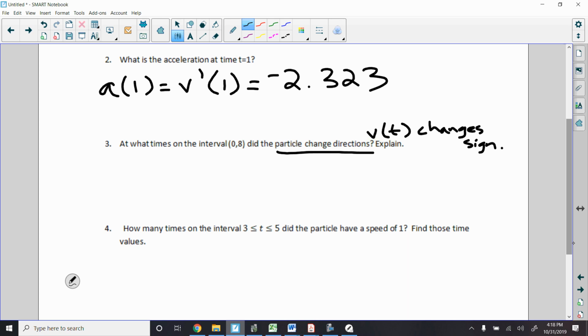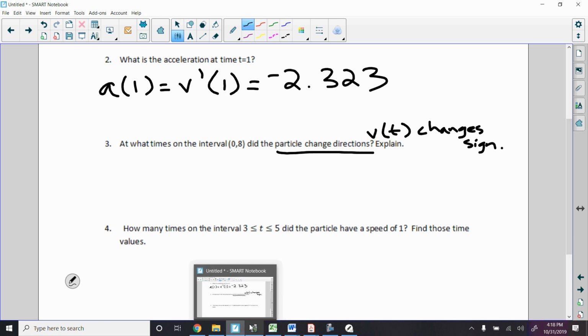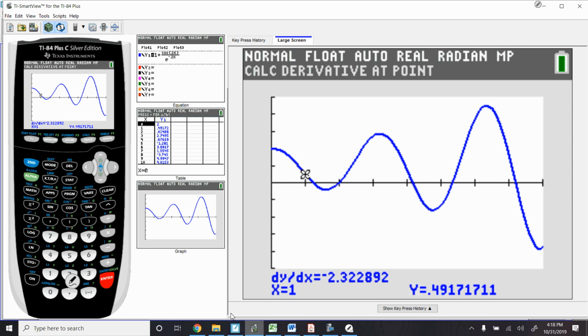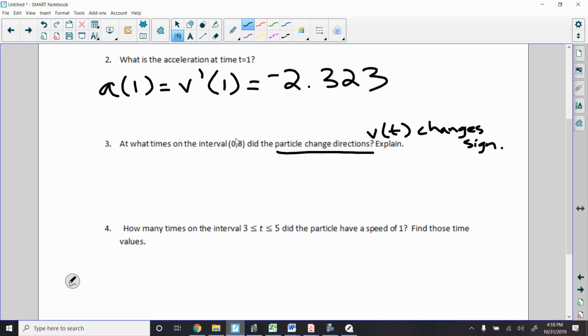So I'm looking for the zeros of v of t, which I have a v of t graph for. I'm going to look for the zeros, and I'm only going to report numbers where the sign of v of t actually changes. It has to be a 0 where we actually cross the t axis. So when I'm looking at my graph here, again, I think my window stayed the same, yeah, 0 to 8.